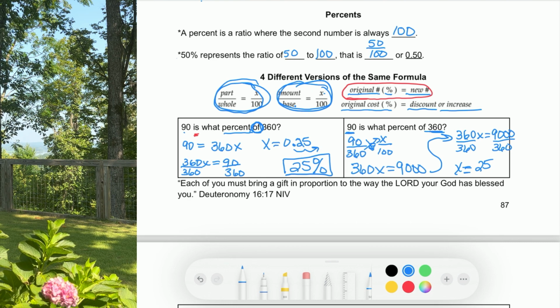All right, now, one thing to point out, in the first problem, we ended up with a decimal, right? We had to move that decimal to the side 2 places. But remember that the decimal is the same as this fraction.